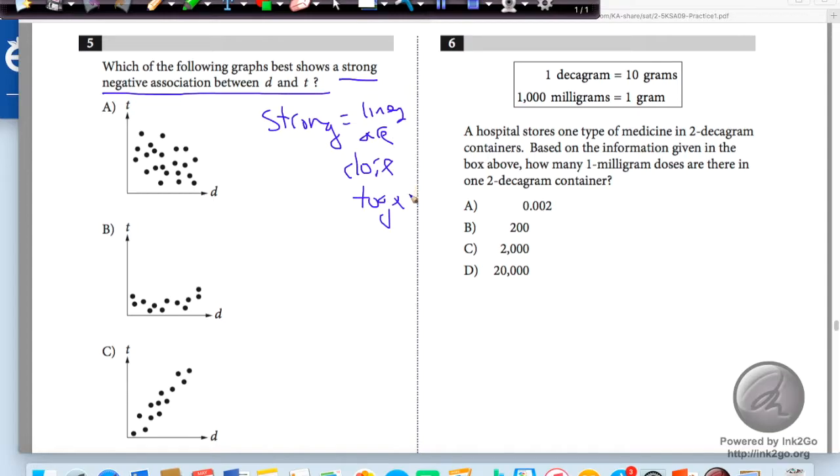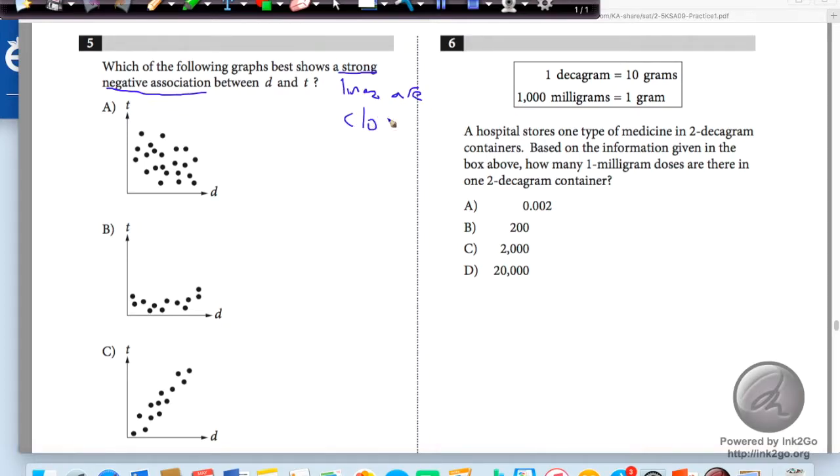Problem 5 says, which of the following graphs best shows a strong negative association between D and T? The word strong is implying that the lines are really close together.